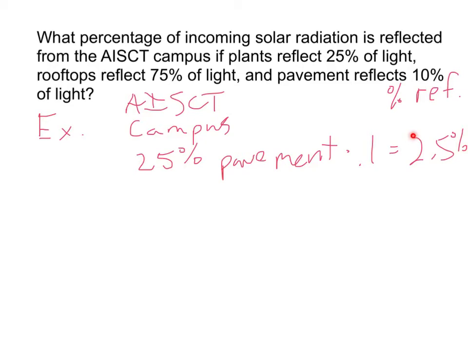So 2.5% of the light that's coming onto the AISCT campus in total is being reflected back due to pavement. And you're going to make this calculation for rooftops, pavement, and plants.